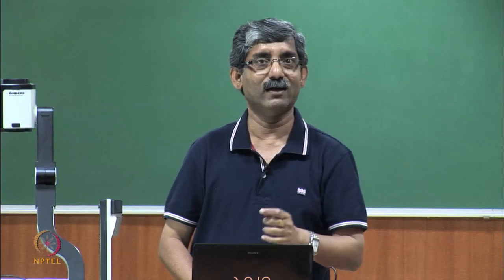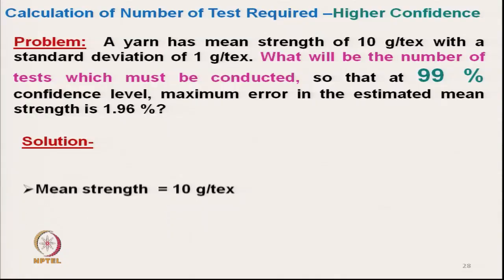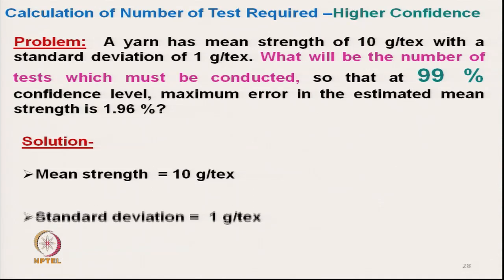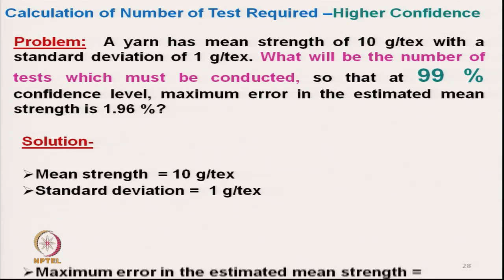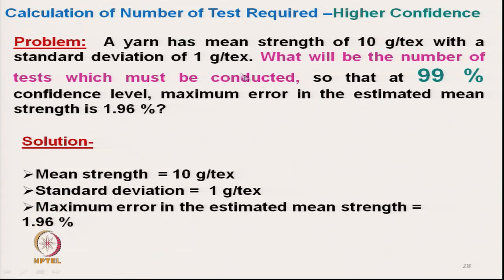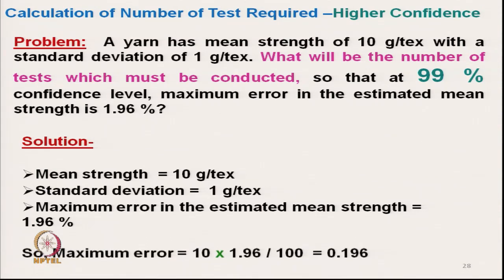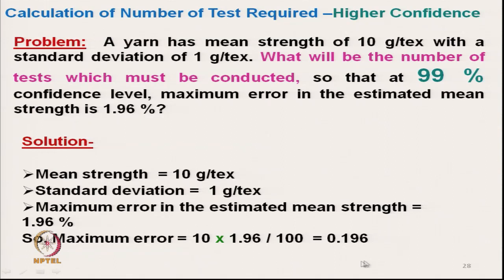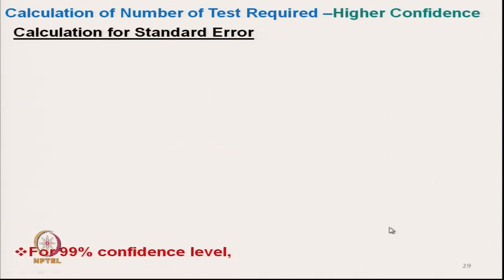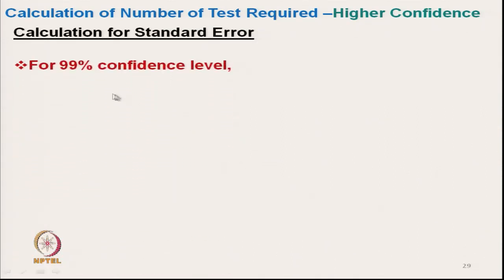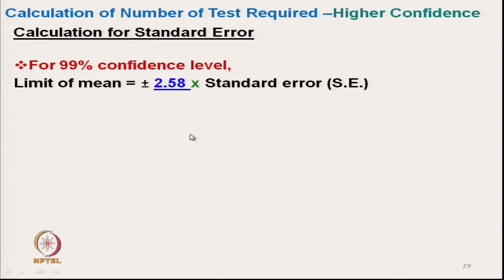The same way it will go: mean strength, standard deviation, and the maximum error in the estimated mean strength, that is 1.96%. The maximum error value is exactly the same, and the only thing is that it has changed to 99%. So, with 99%, what is changing here?